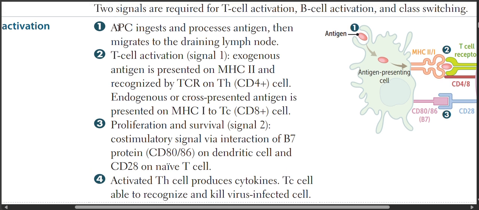Okay, so we said that the APC ingests and processes antigens, and then it migrates to the draining lymph node. Think of lymph nodes as checkpoints. Any kind of infection that the body identifies, it will immediately go to the closest lymph node because the lymph node connects the entire immune system.